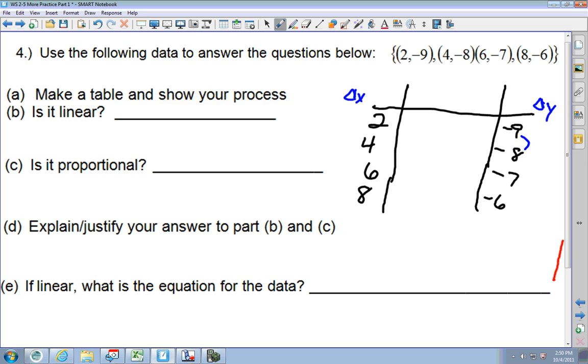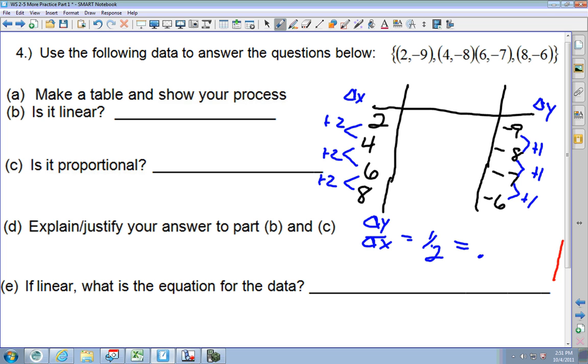So let's see, I've got plus 1, plus 1, plus 1. Right here is plus 2, plus 2, plus 2. Delta y over delta x, it's 1 over 2. If you put that in the calculator, it's 0.5 all the way down, but I'm going to use 1/2.